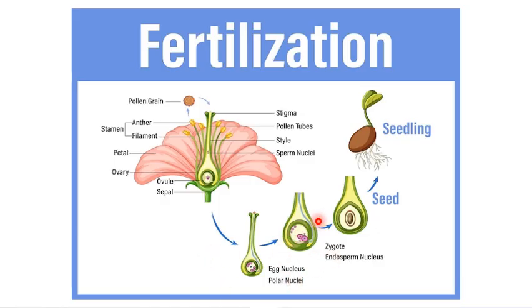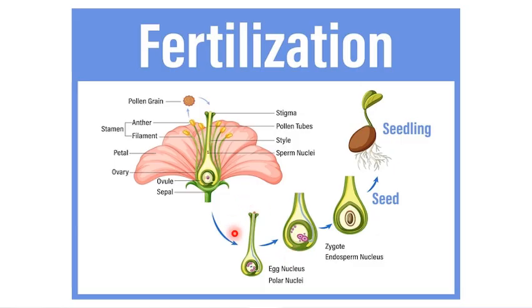You can see here, this step is known as fertilization. The fusion of male and female gametes results in the formation of a zygote. Another sperm cell combines with two other cells. So there are two sperm cells present. Am I right?